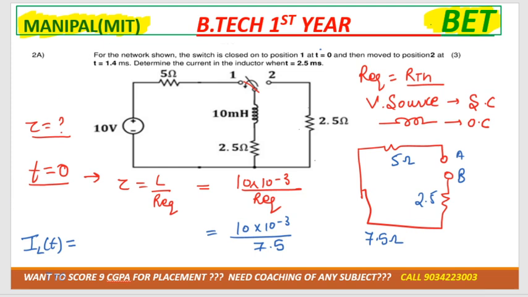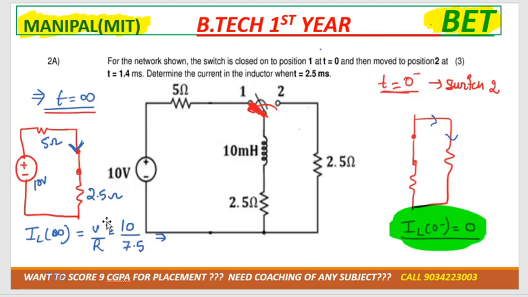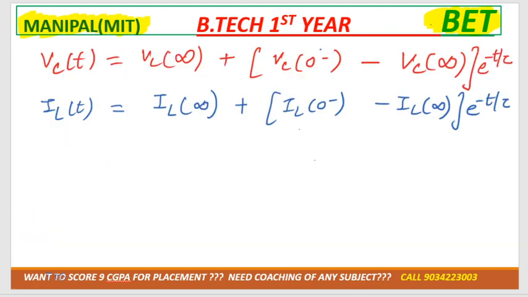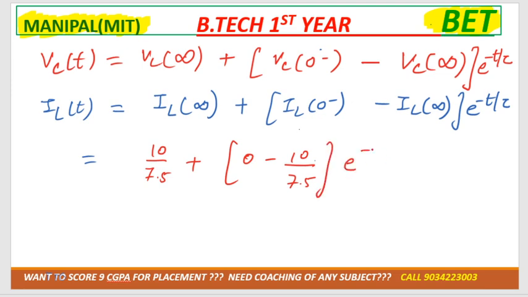IL of infinity is this 10 by 7.5, right? So can we substitute all the values? 10 by 7.5 plus 0 minus 10 by 7.5 e raised to power minus t by tau, right?